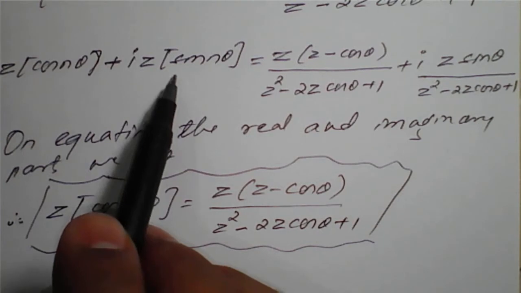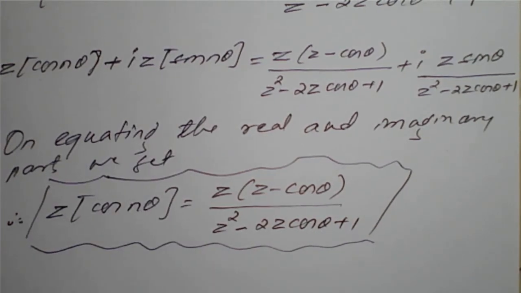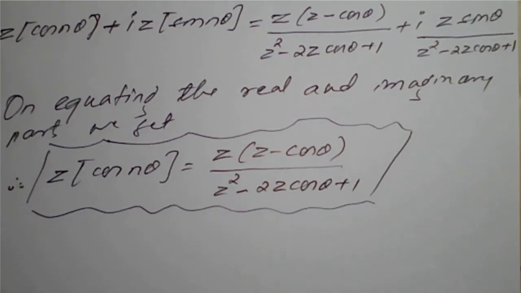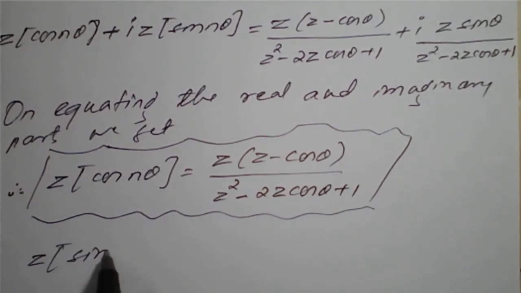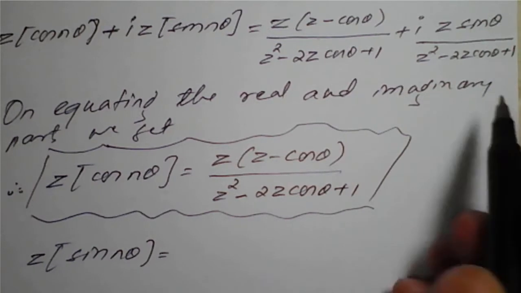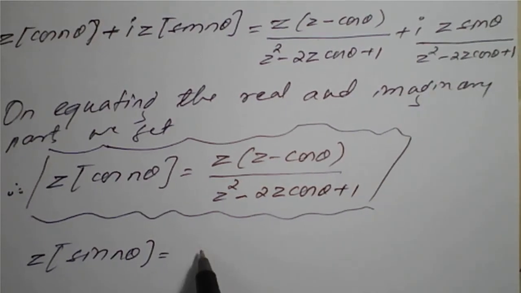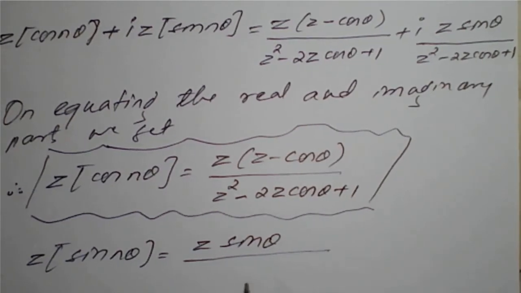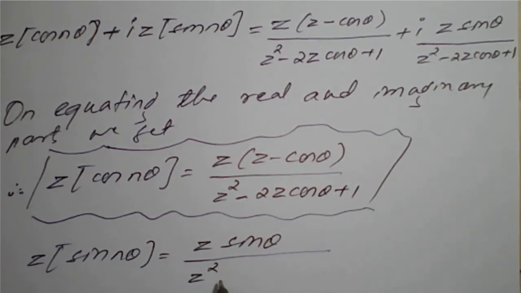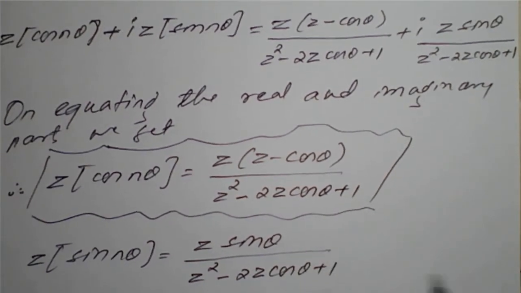Similarly, on equating the imaginary part, we get Z of sin n theta equal to the imaginary part on the right hand side, z sin theta divided by z square minus 2z cos theta plus 1.